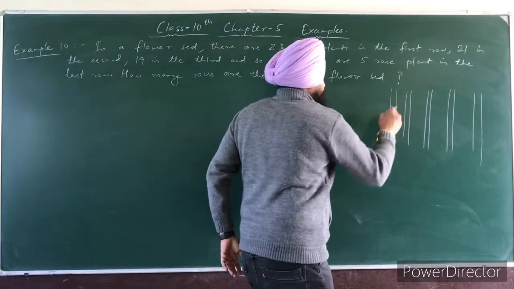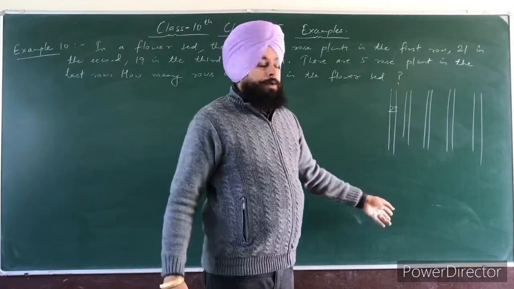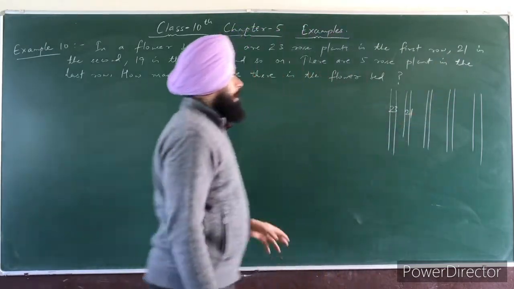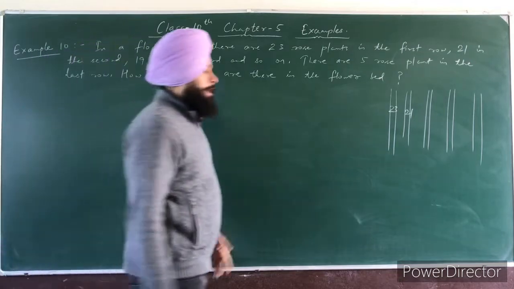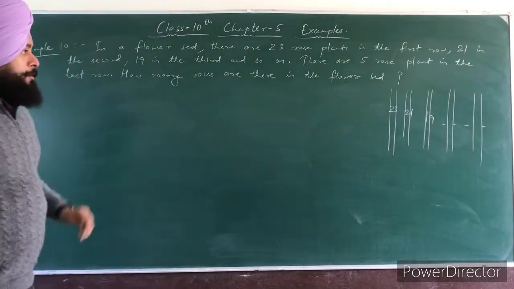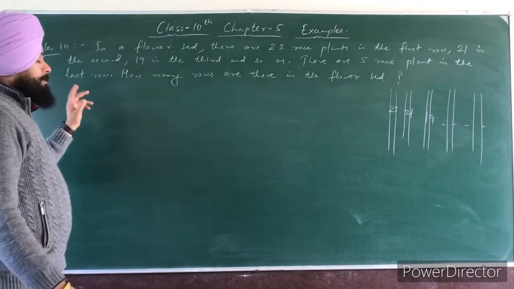So there are 23 roses in this first row. In the second row there are again 21 plants. In the third one there are 19 plants and so on. So there are 5 rose plants in the last row.